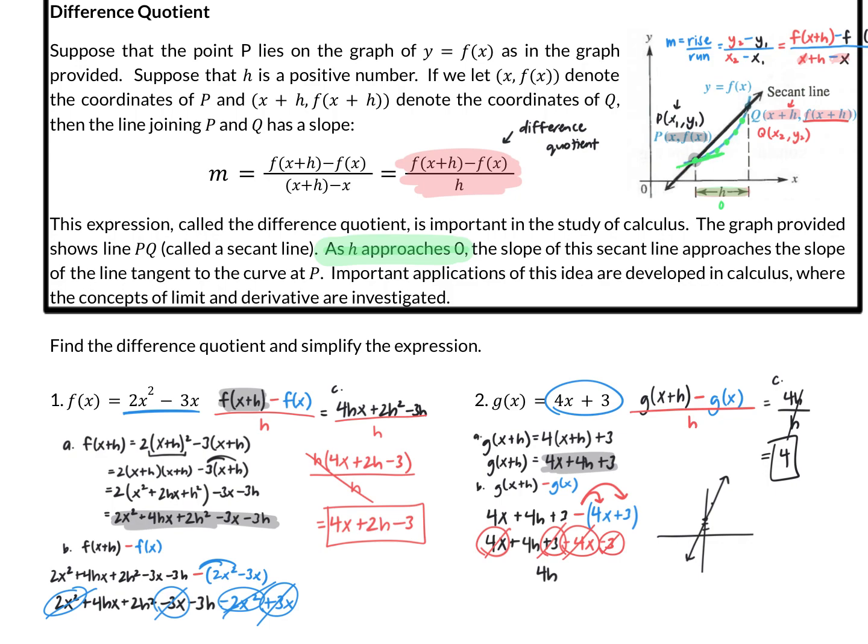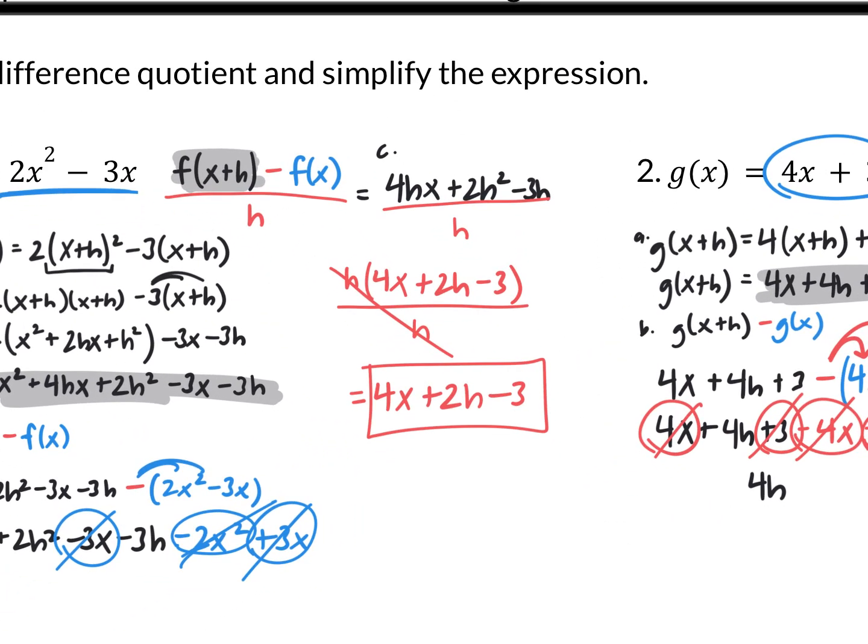If I plug in h is 0, what would this expression simplify to? 4x minus 3. So once I actually get rid of that, 4x minus 3, that is the calculus piece that you just did. That is technically finding the rate of change at a specific point. Okay? Well, it gives us the rate of change for the entire function.